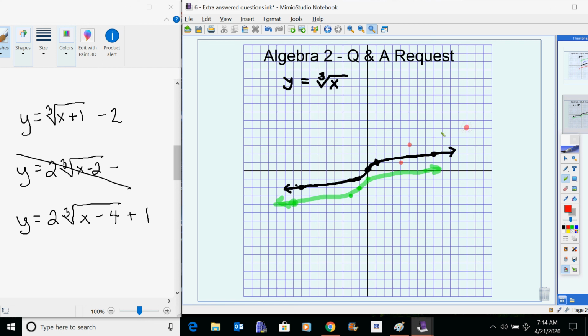So what you're seeing is really just widening this graph path out. So this one at -1 would go to -2, and then right 1, 2, 3, 4, up 1, and so forth on the pattern. This one's at -2, so it will be at -4, and then right 4, up 1. So this graph is the same graph, but it's spread out like that.